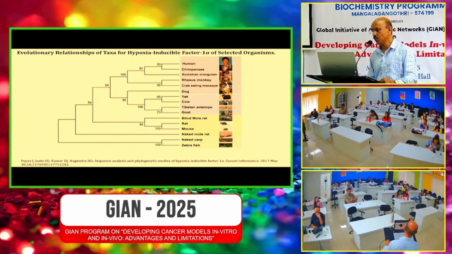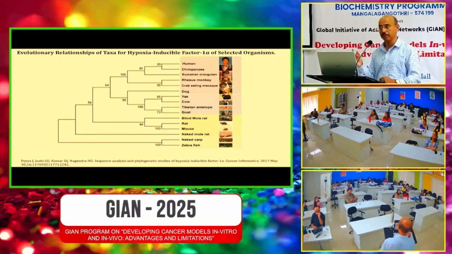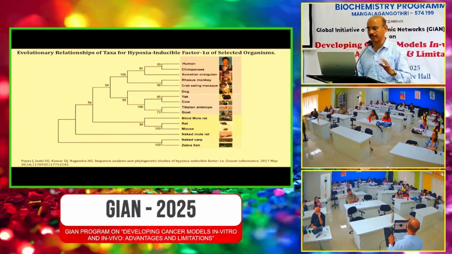Human beings are more related to chimpanzees, and even to the orangutan, with respect to the hypoxia factor, I am telling, nothing else about the evolutionary history. Just with respect to hypoxia factor.